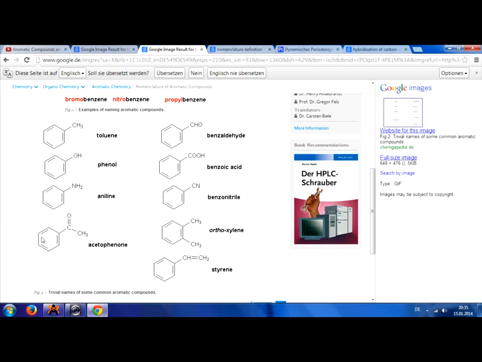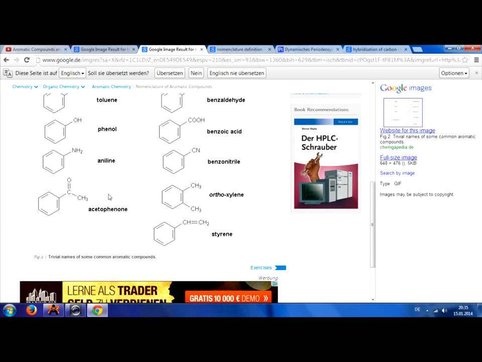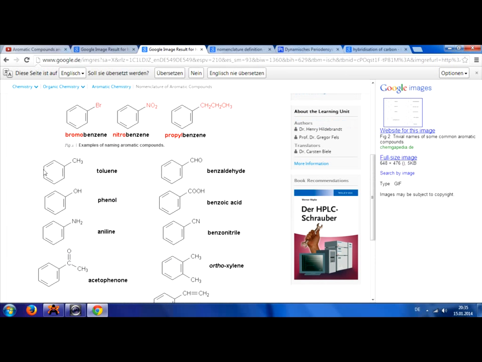So, ibig sabihin yun yung 4n plus 2, no? 4 times 1 plus 2 is equals to 6 carbons. Yan palagi yung rule ni Huckel's rule na sinasabi niya na yung following that rule will have the aromaticity, no?